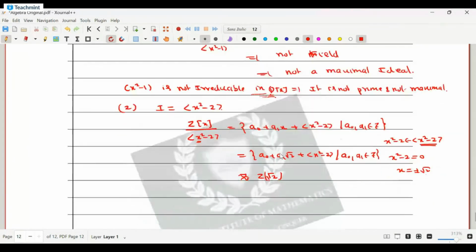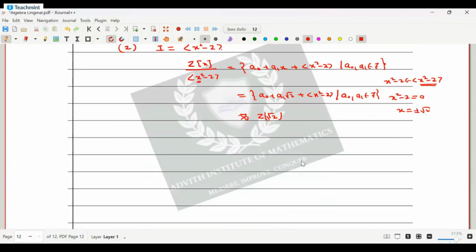Z root 2 means a plus b root 2, where a, b belong to Z. So it is an integral domain, sir, but not a field, as already discussed.